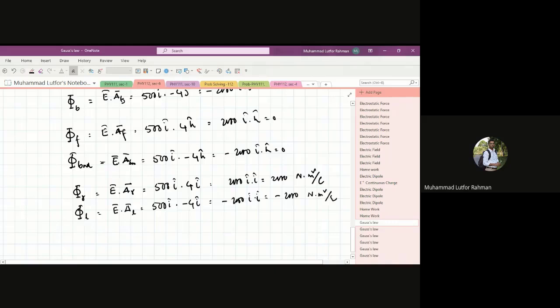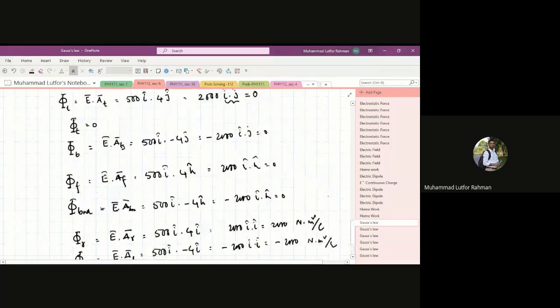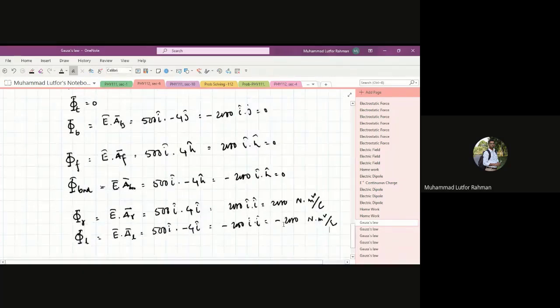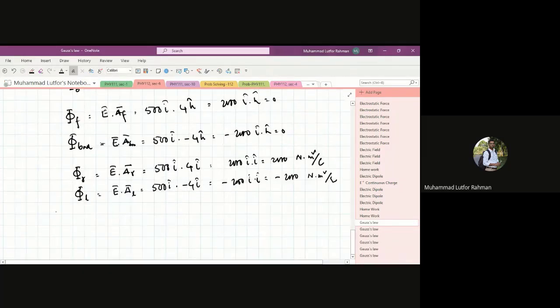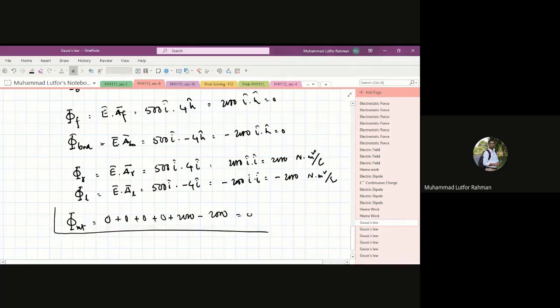Now if I add all of them together, these are 0, and this plus 2000 and minus 2000 cancel over. So phi net is 0 plus 0 plus 0 plus 0, top, bottom, front, back, plus right and left, 2000 minus 2000, which is 0. So the net flux through this cube is basically 0.